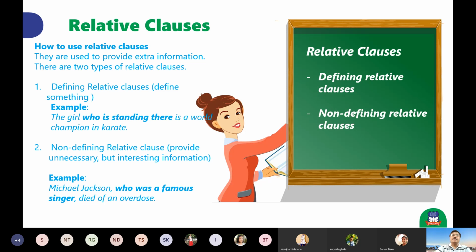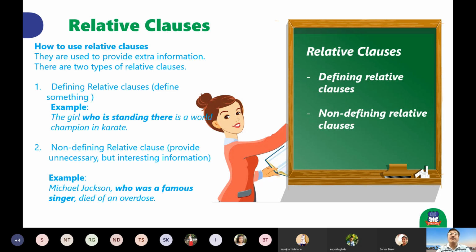So next, relative clauses. How to use relative clauses? They are used to provide extra information. We already talked about how to modify, to give meaning, to qualify, to give extra information. There we can see two types: defining relative clauses and non-defining relative clauses.